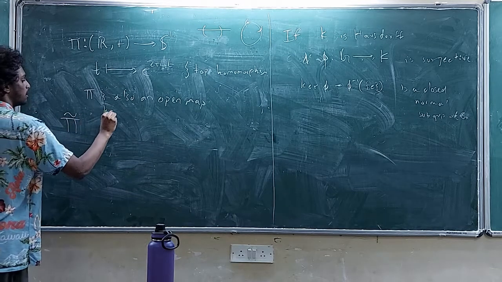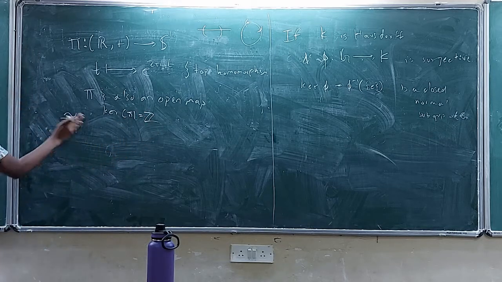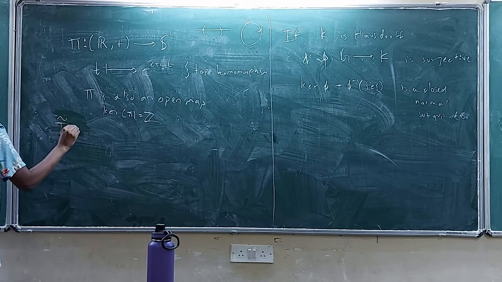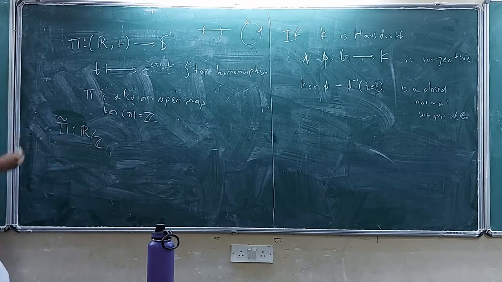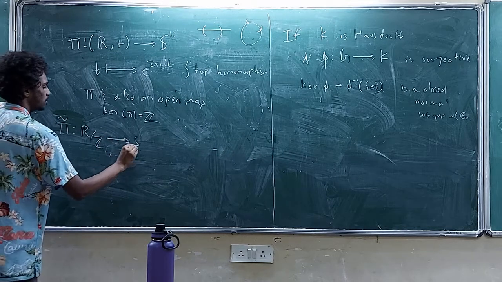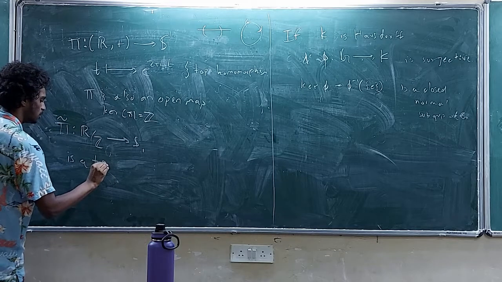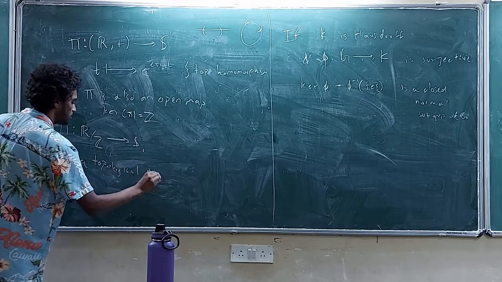Yeah, so the kernel is equal to Z. So we have from the first isomorphism theorem that pi from R by Z, as a quotient topological space, to S1 is a topological isomorphism.